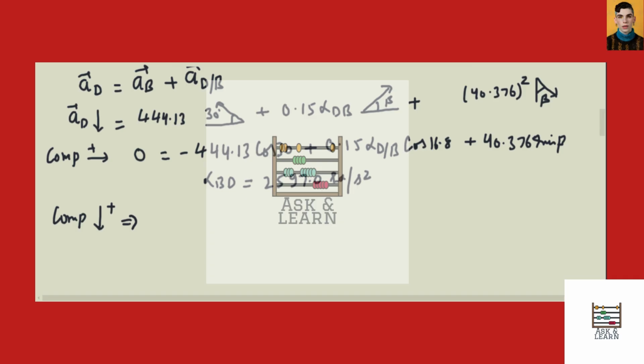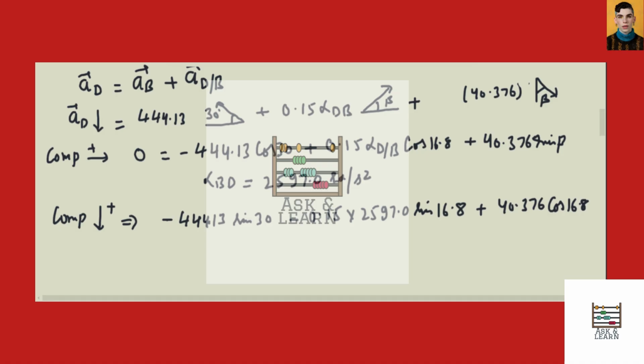So you will take minus 444.13 sine of 30 minus 0.15 alpha BD, already we have calculated 2597.0, sine of 16.8 plus 14.376 cos of 16.8, and this is AD.